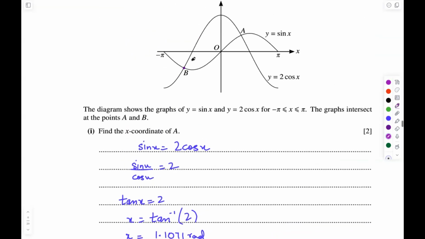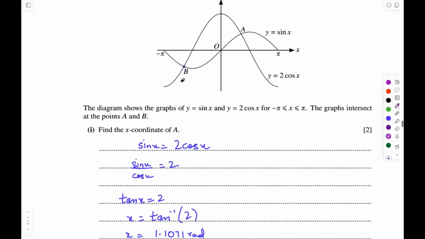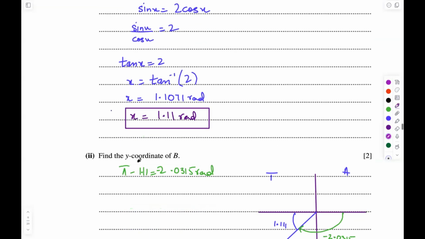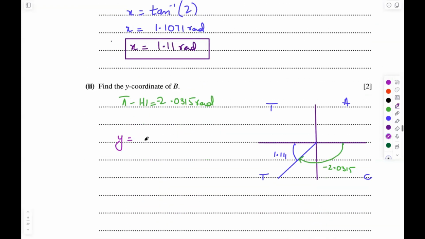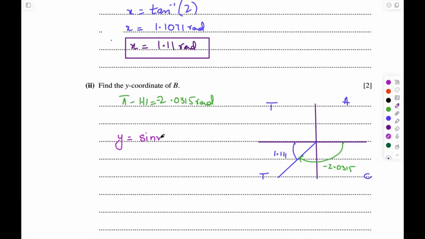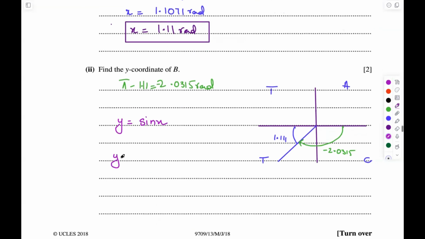Now, as this is the x value, we know that the equation of the curve was y equals to sine x or y equals to 2 cos x. We can take either of these two equations. So taking y equals to sine x, we know that the x value is minus 2.0315. So y will be equals to sine of minus 2.0315.